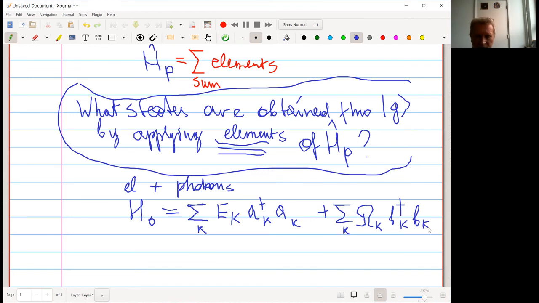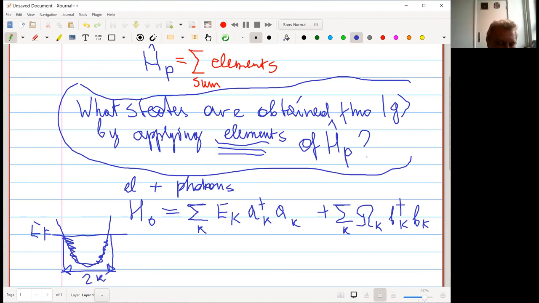All right. This is a simple Hamiltonian. One can just replace the values of A dagger A, B dagger B by occupation numbers. Ground state: we sketch the electronic spectrum, and all states below some energy and within some interval of K will be occupied.